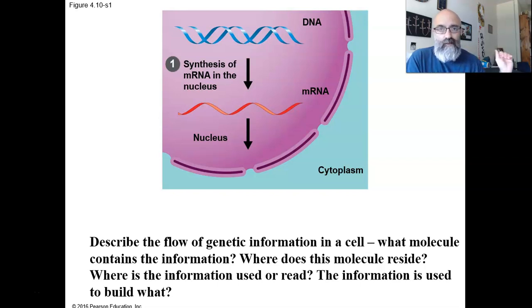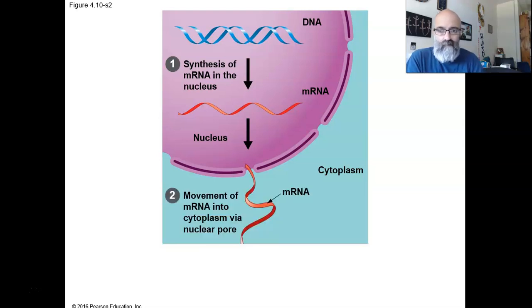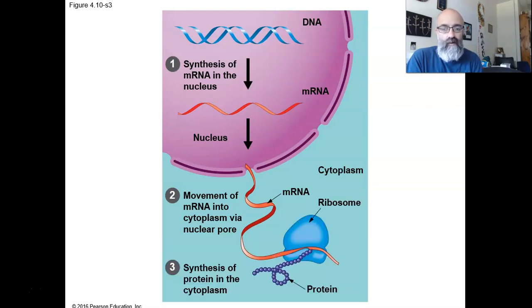The information is used in the cytoplasm by the ribosome, and then the information is used to build proteins. Okay, and by the end of this lecture, you should have a better understanding about the big deal with proteins. Okay, so again, we start with DNA, make a copy called messenger RNA, which leaves through a little pore in the nuclear membrane and goes out to the cytoplasm, where it is read by the ribosome to make a protein.